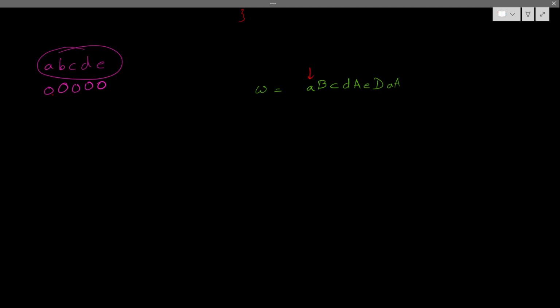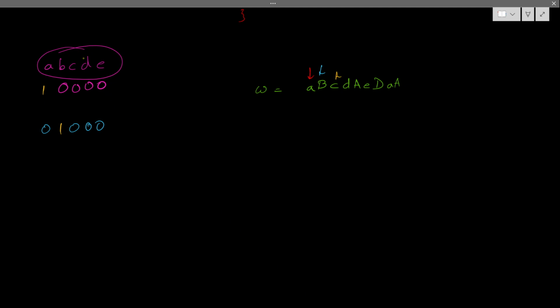First is a, so I set its bit to 1. Okay, this is set. Now B is capital, so again I will take two cases: the first is for lowercase and the one below is for uppercase. This is set.